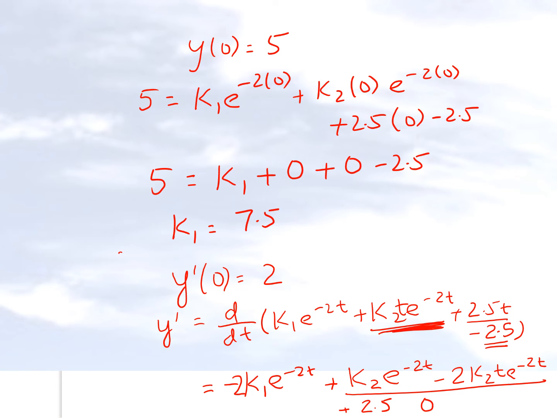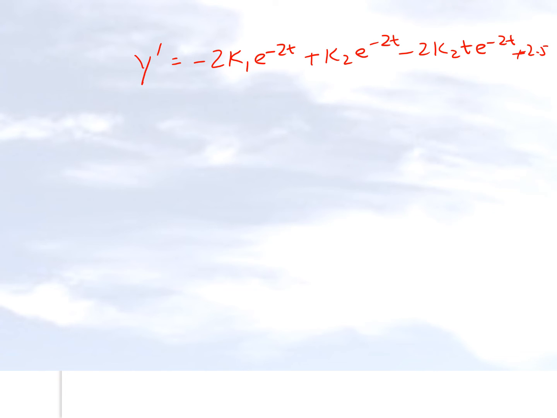So having said that, let's go and see what this gives us. What we have is that y prime is now given as this quantity right here. So y prime of 0 is 2.